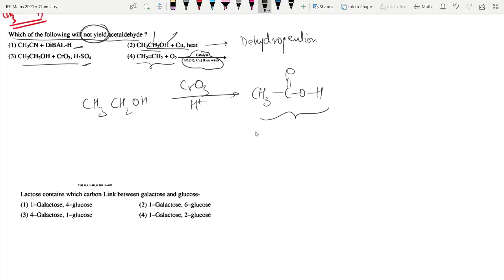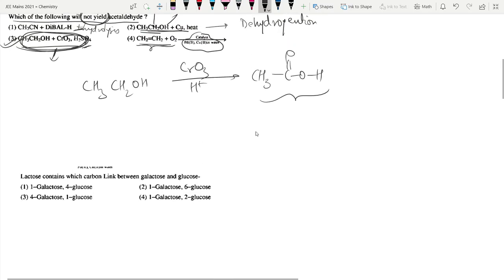So this is a little bit interesting, but since I have got this one, in which I feel I will get an acid, I would like to go with 3 here, not the others, because they can give. Here the hydrolysis step is missing. After hydrolysis you can get acetaldehyde. Here acetaldehyde, this is certainly acetaldehyde, this can also give acetaldehyde, so I would like to go with 3 in this question.